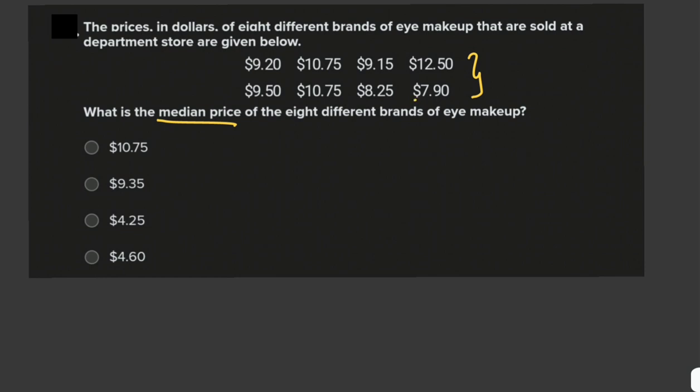So the smallest here, or the least here, is $7.9. Then next is 8.25. Then next is 9.15.